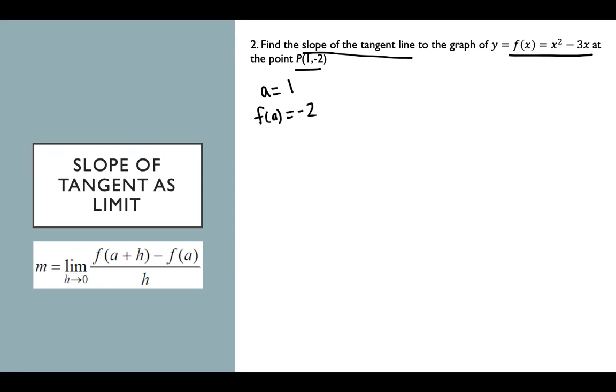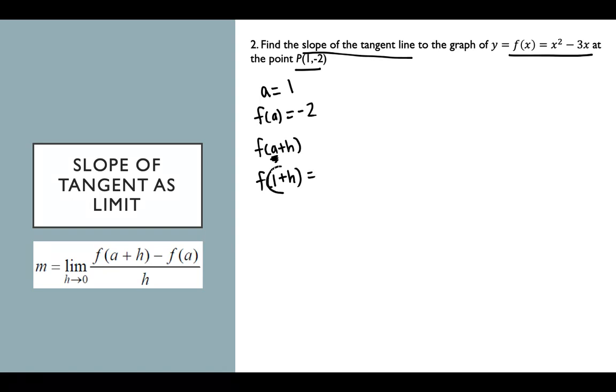Then we need to figure out what a plus h is. Now, keep in mind, we know a is 1. So we are going to plug in 1 plus h, h meaning it's going to approach 0. So let's plug it in.